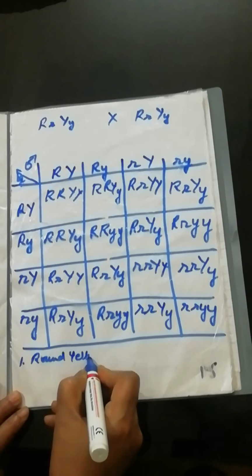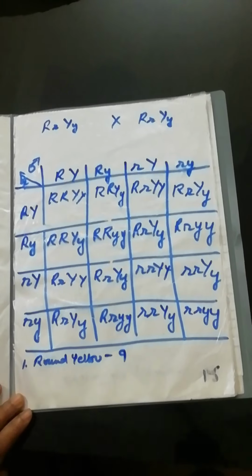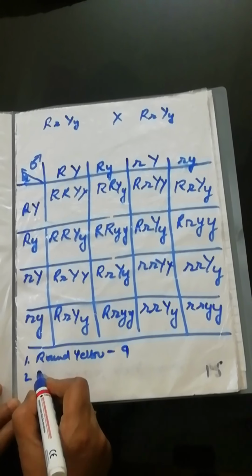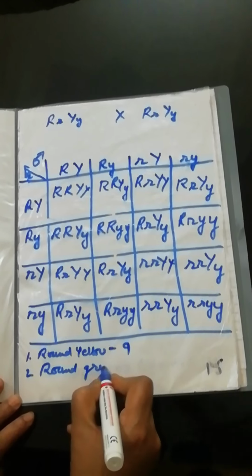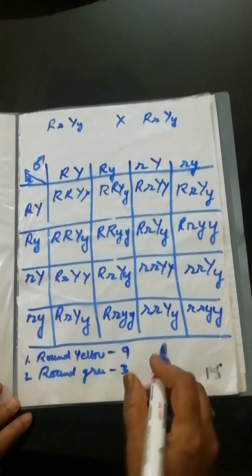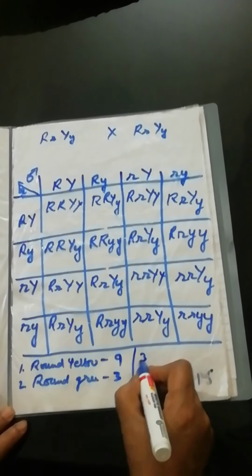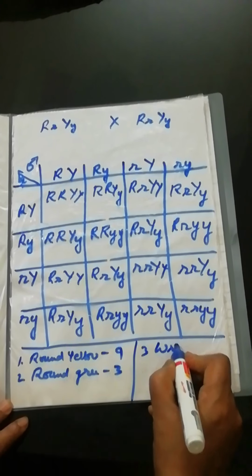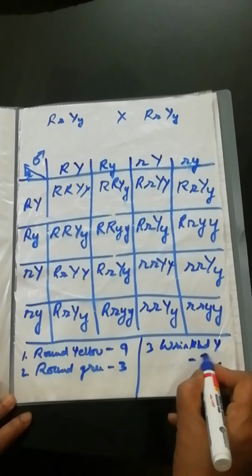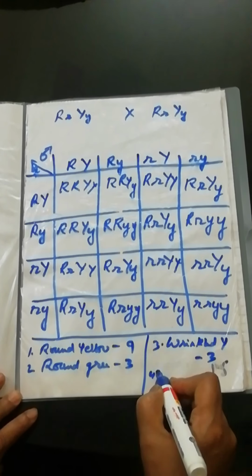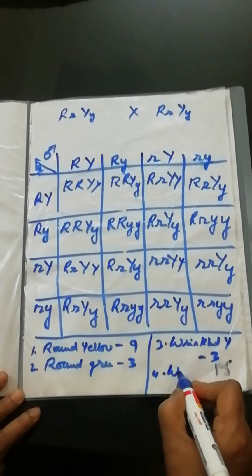Okay. And round green is in the ratio of 3. And third, wrinkled yellow, it is what? Again 3. And the fourth phenotype is wrinkled and green. It is in the ratio of 1.